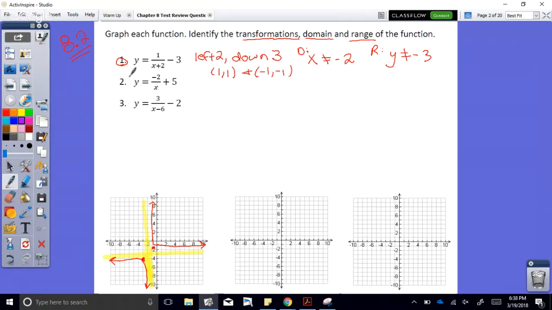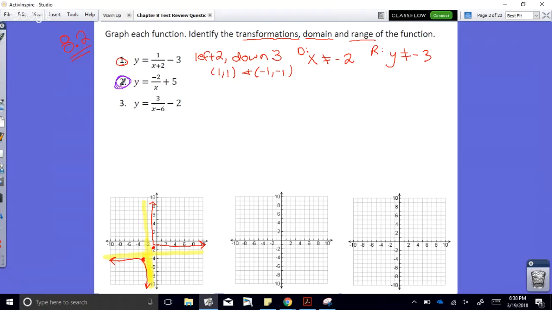Number 2, we're going to do the same way. This time, there's nothing with the x, so it doesn't move left to right. The +5 on the outside does tell me that it's going to go up 5. The negative here tells me it's going to reflect.